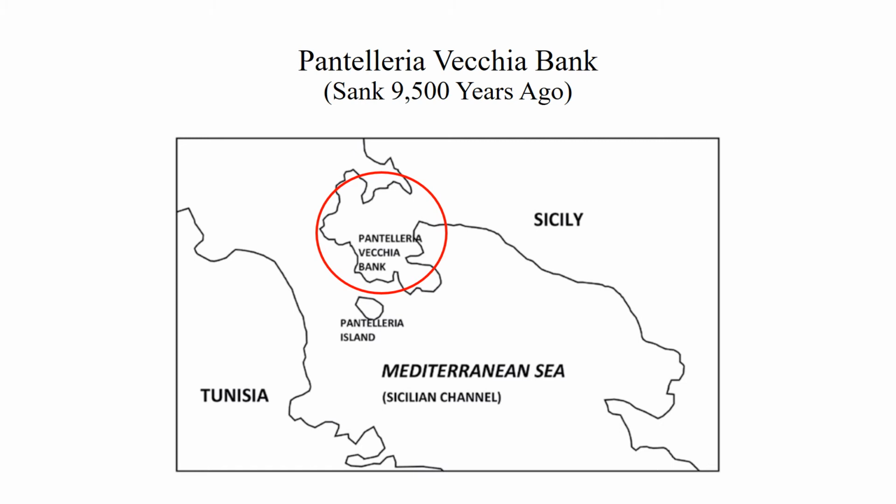Well, it sank basically 10,000 years ago. So roughly 9,000 years before the Mayas put it on their map, that island sank. And so the question is, how did they know that there had been an island on the other side of the world, right?